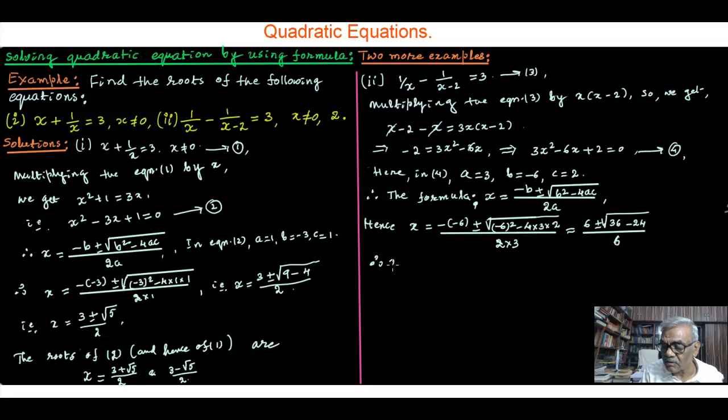Therefore, x is equal to 6 plus or minus root of 36 minus 24, that is 12, divided by 6.